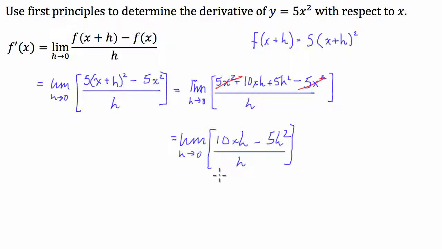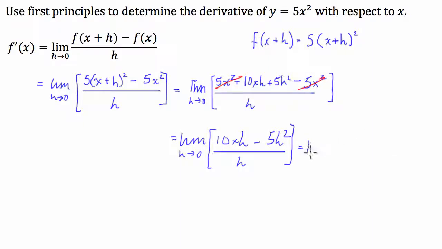Now what we need to do is factorize the numerator by h so we can in effect cancel out the denominator, so we can make some sense of this as h approaches 0.